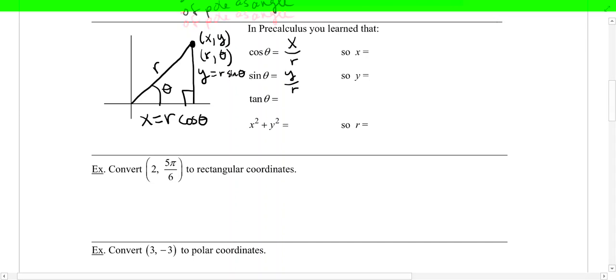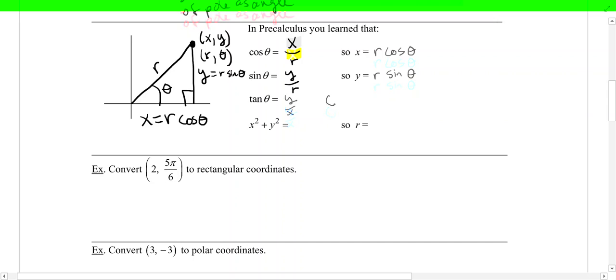So if you solve for x, we multiply both sides by the radius. And so x is equal to r cosine theta. y is equal to r sine theta, and tangent, which is y over x.